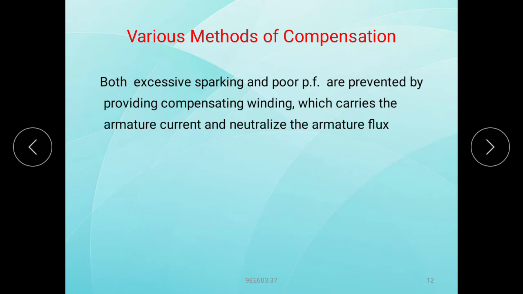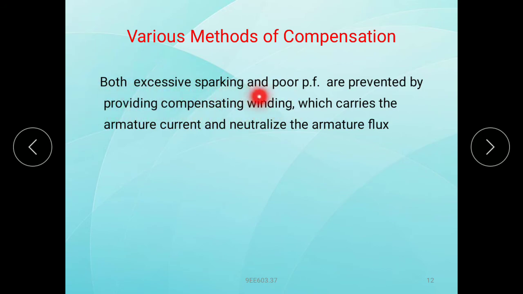Both excessive sparking and poor power factor are prevented by providing compensating winding. Very important.